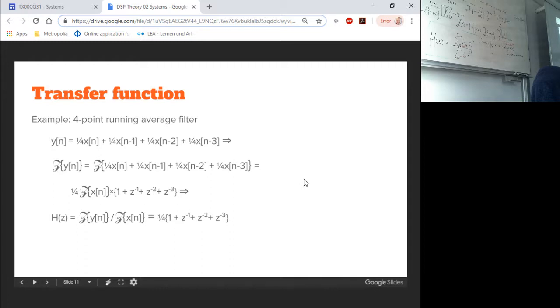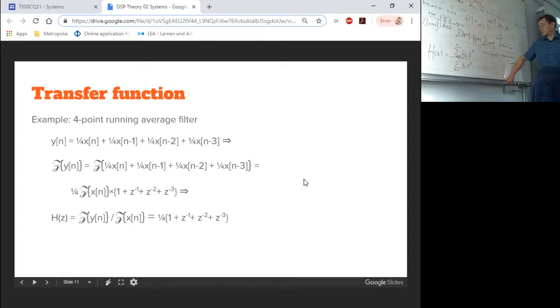What comes out is we just take a look at the difference equation of this 4-point running average filter.